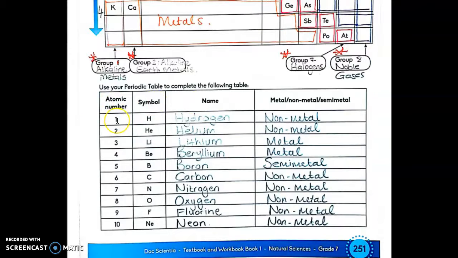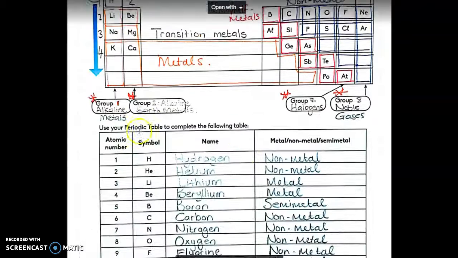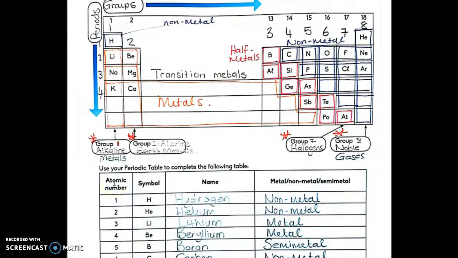Alright, atomic number 1 has the symbol H. What is it called? Yes, it's hydrogen, and it's a non-metal. Number 2, He. What is that?